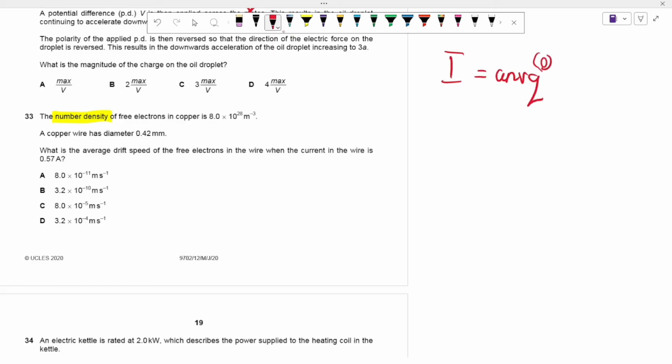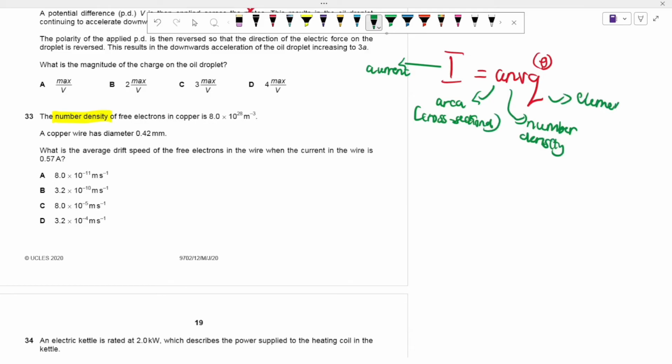Some textbooks will say e, the same thing, elementary charge. In this specific scenario, I is your current, A is your cross-sectional area, n is your number density, Q is your elementary charge, and v is what we call the drift velocity.